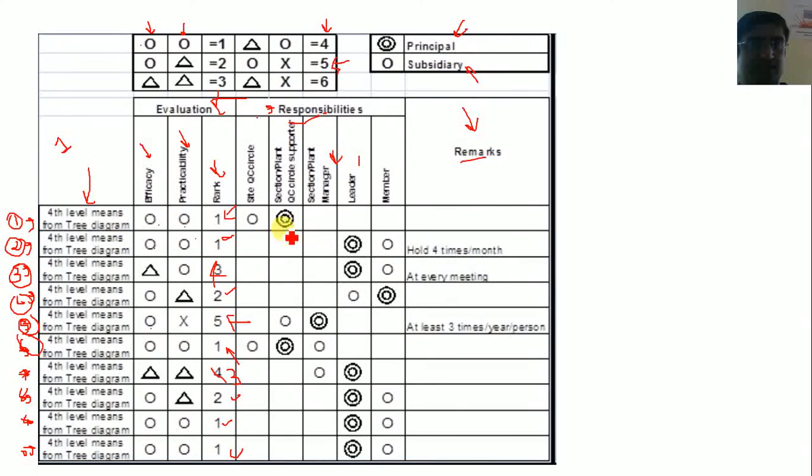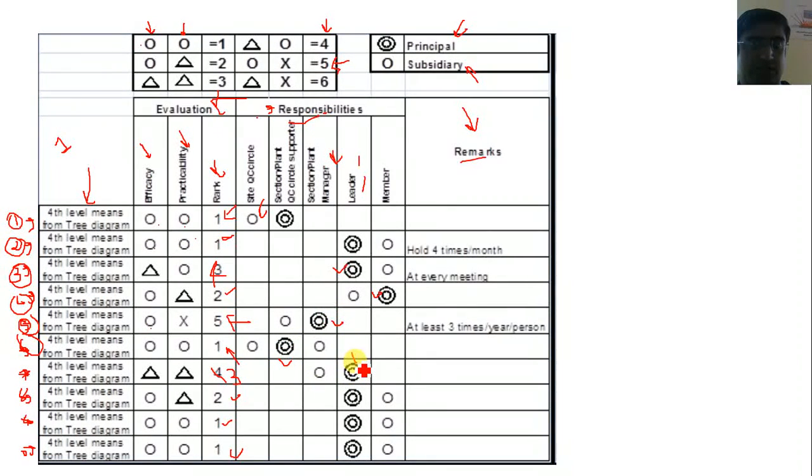In this case, for the first mean the circle operator has the maximum responsibility, and this side has the lesser, or you can say subsidiary responsibility. Similarly, for the second mean, the leader has the maximum responsibility, whereas the member has the lesser, or you can say subsidiary responsibility. And also you can see this for each and every type.